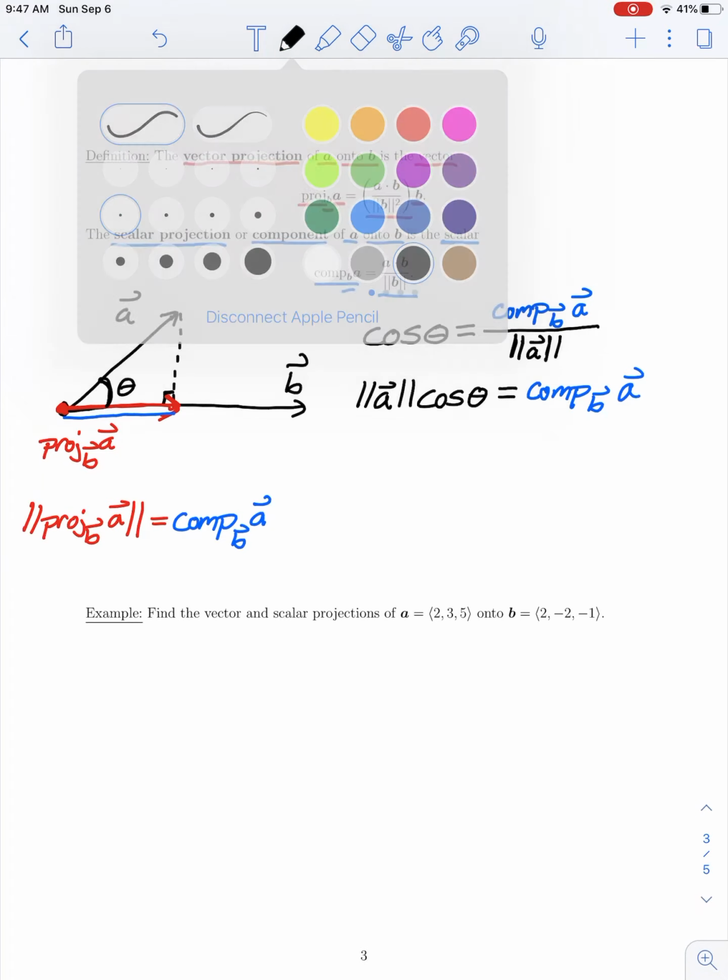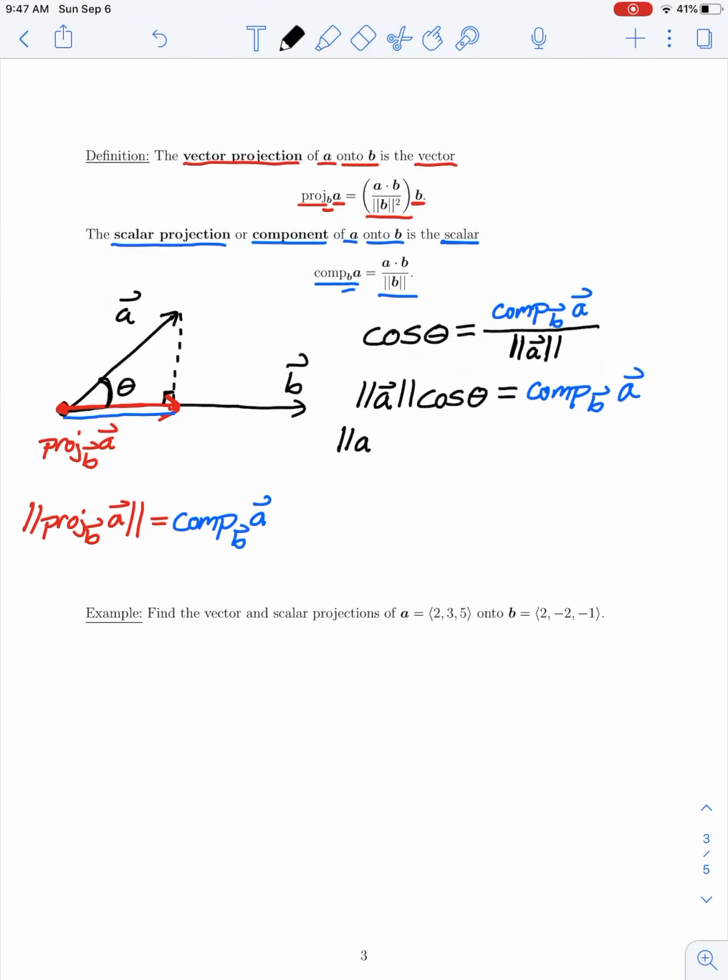However, cosine of the angle between those vectors is given by the dot product of those two vectors, A and B, divided by the product of their magnitudes. That was a theorem that we had a little earlier in this section. So we can see that this magnitude of A term in the numerator and denominator will cancel.